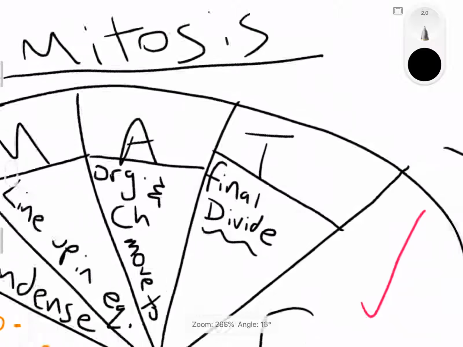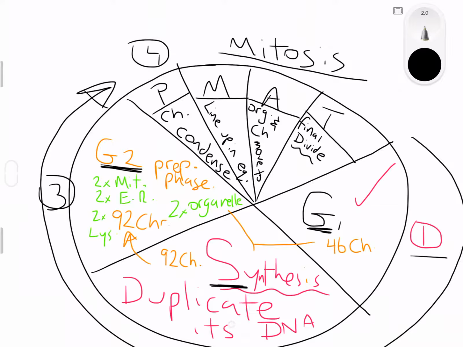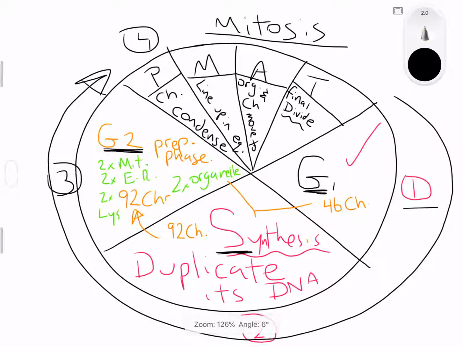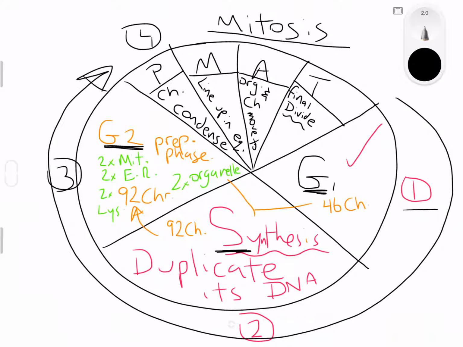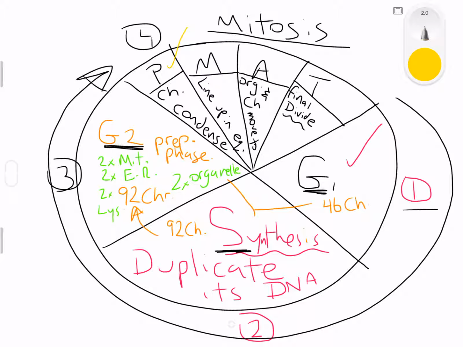I know this is an extreme condensation of what happens with a cell, but for the sake of the exam, for you to actually identify what happens, for you not to get confused, you have your prophase, which is condensation of the chromatin. Metaphase, they line up in the equator. Anaphase, the organelles and the chromosomes each go to one of the poles. And telophase, you have that final divide.